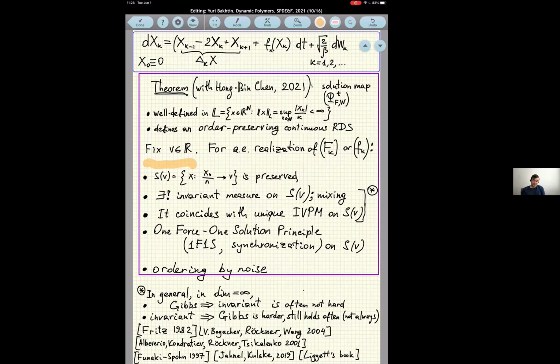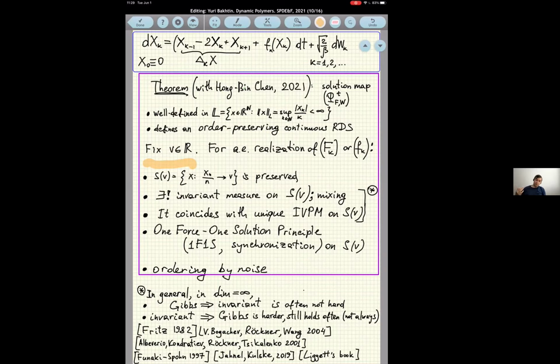So the mass doesn't leak out of these sets. We prove that there is a unique invariant measure on each of them. There is a mixing statement. It means that if you start with an arbitrary initial condition, the transition probabilities after time t converge to this unique invariant distribution. And this invariant measure coincides with the unique infinite volume polymer measure on that set that we constructed with Ling in the previous paper.